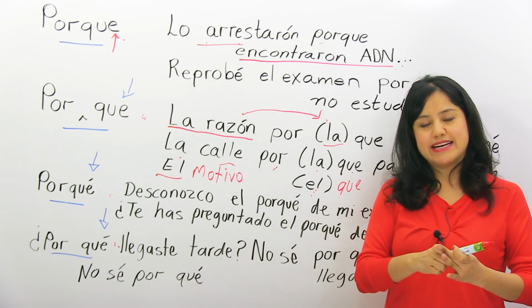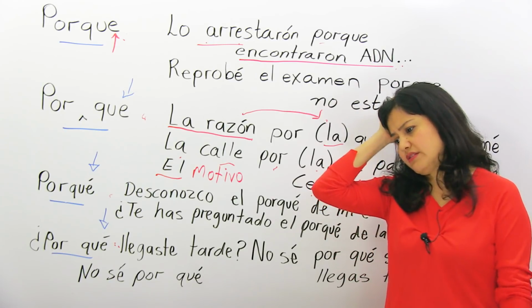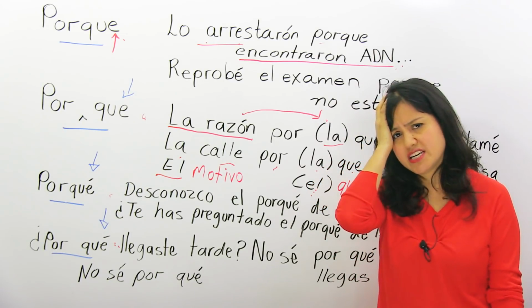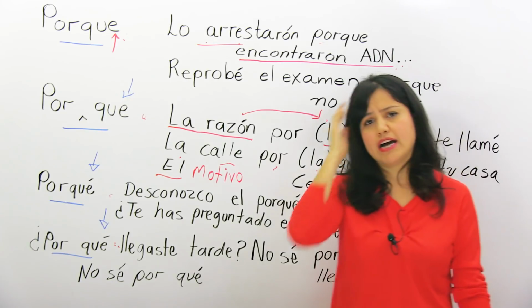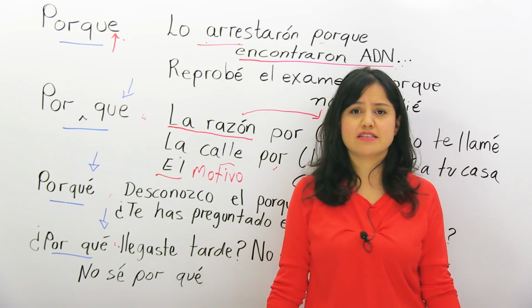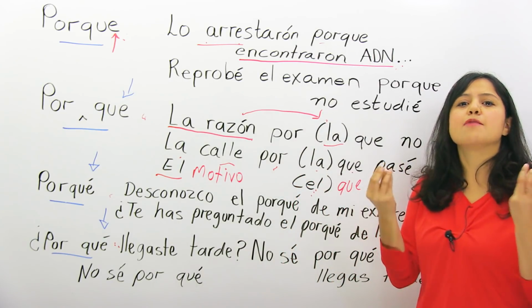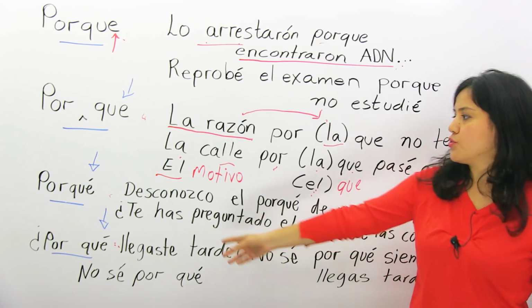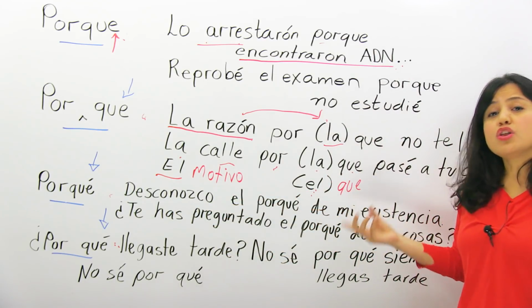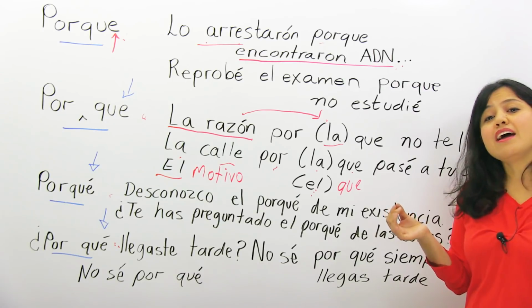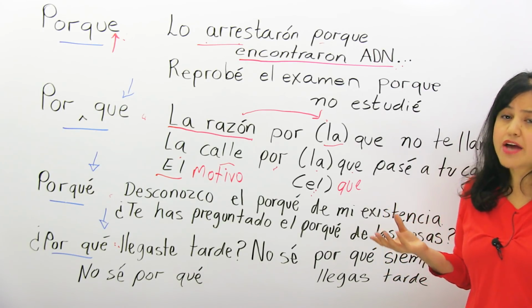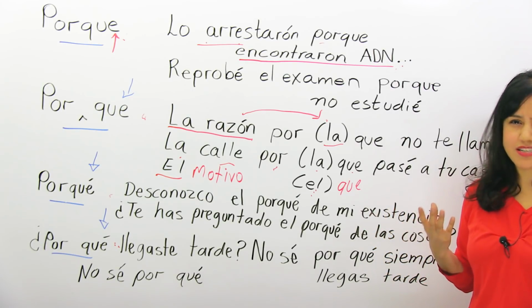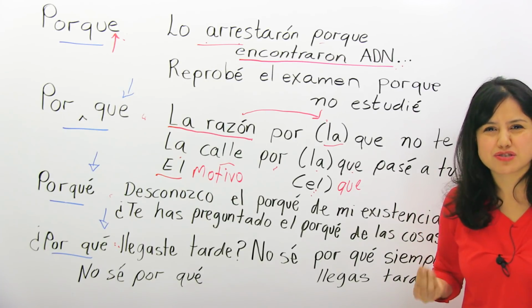Like we get sometimes like, oh, I don't know, this life is this, like I wonder the why of my existence now, right? Es el porqué. So sometimes you want to say, desconozco el porqué de mi existencia. I don't know the why of my existence. You're getting philosophical.